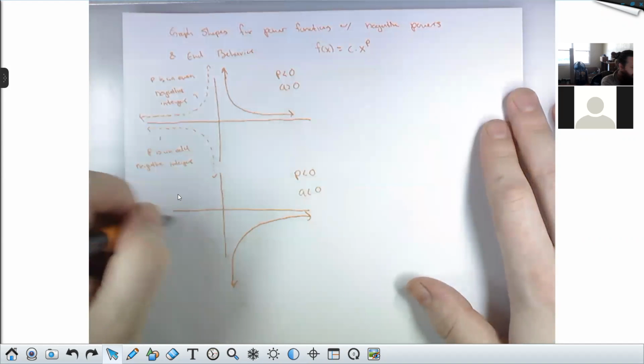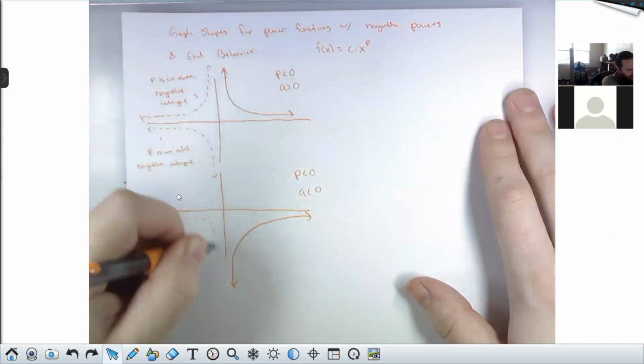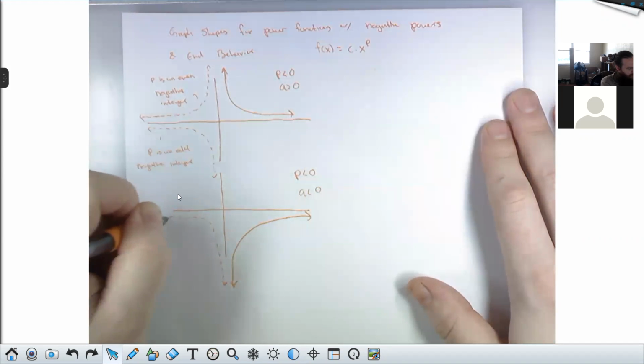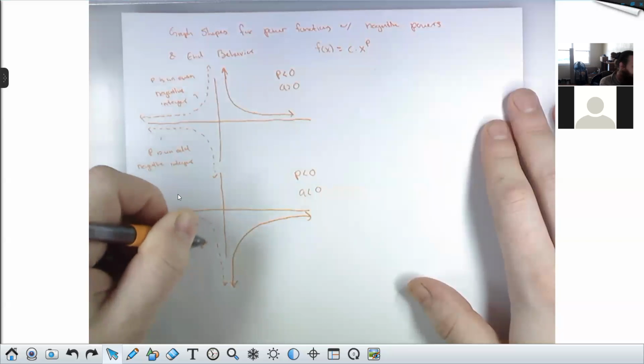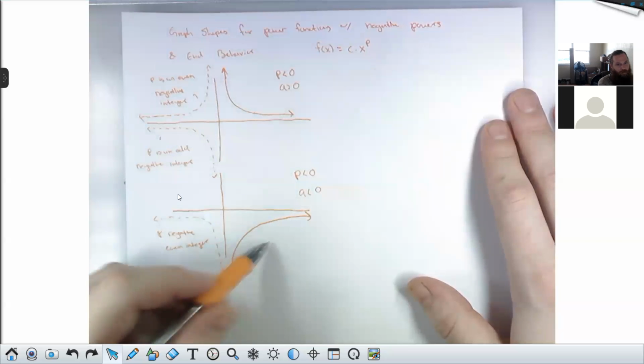And then the same thing is true here, right? If P is a negative even integer, you'll have a piece down here matching this one.